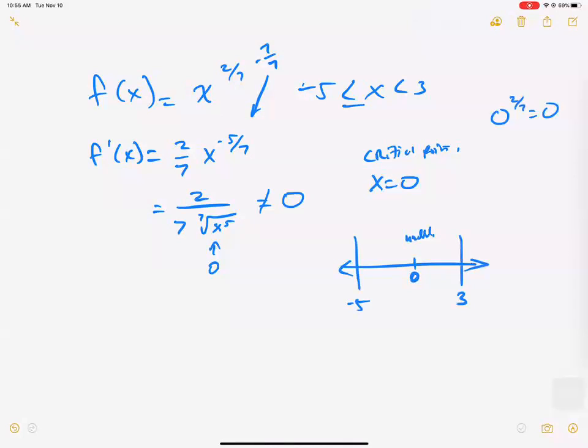On the right side, if I plug in a positive number, this would stay positive. And if I plug in a negative number like -1, this would become negative, because 2 over 7, the 7th root of -1 to the 5th power, would still be -2 over 7. It would still be a negative number. So we're assuming it will always be negative.